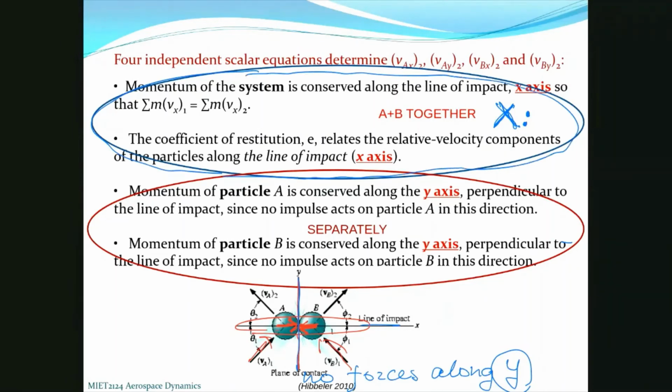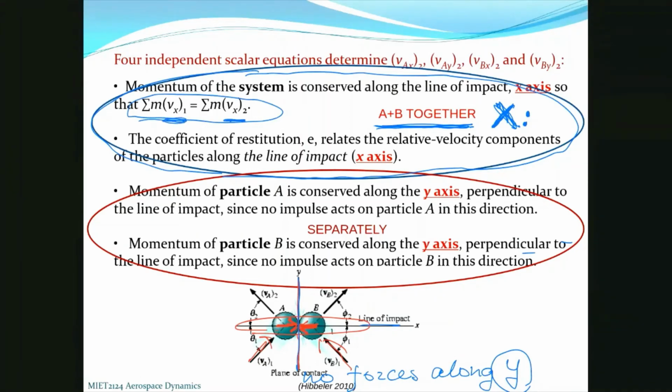Along the x-axis, we are going to do absolutely the same stuff as we did for central impact. So we are going to analyze A and B together. And we are going to write conservation of linear momentum in the same manner as before. But it will be in terms of components of velocities in x direction.